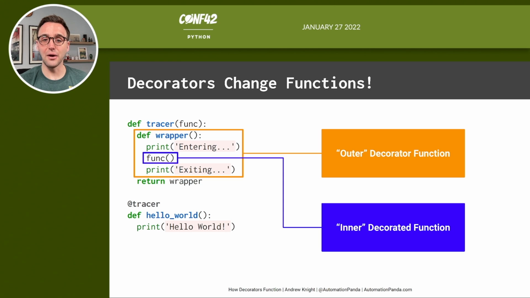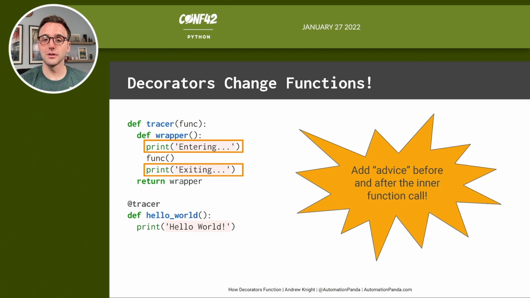Decorators create an outer decorator function around an inner decorated function. Remember, the outer function is like the foil wrapper, and the inner function is like the chocolate. Creating an outer function lets you add new code around the inner function. Some people call this advice. You can add advice before or after the inner function. You could even skip the inner function.